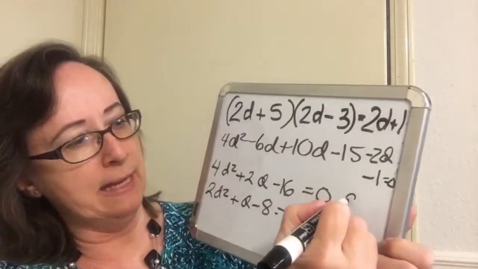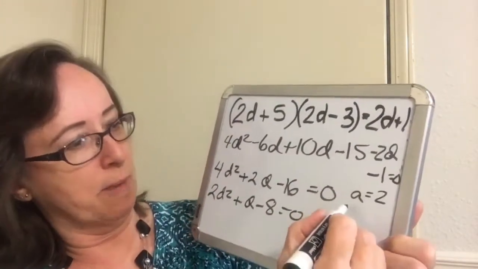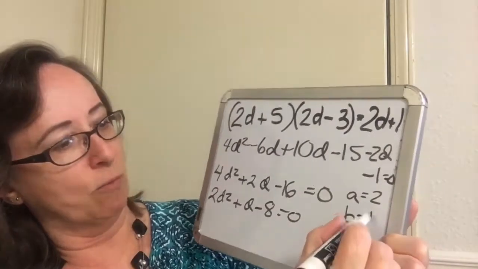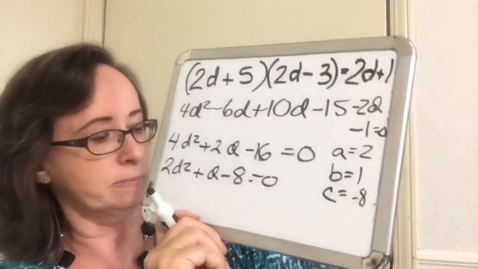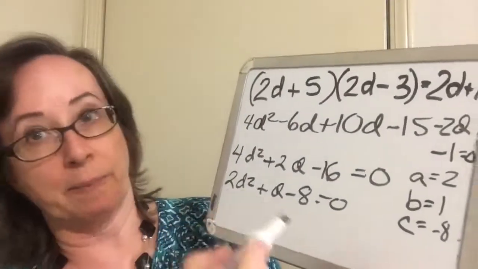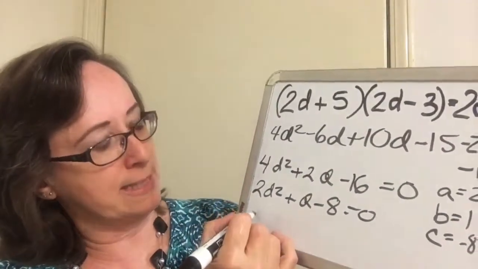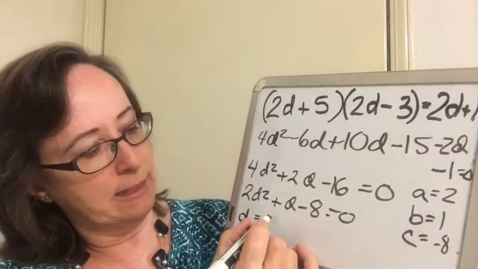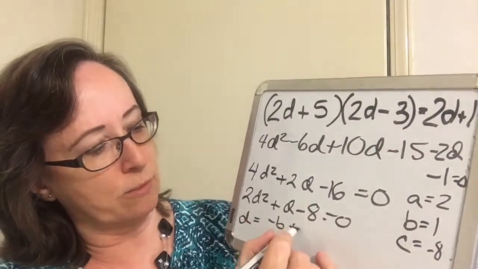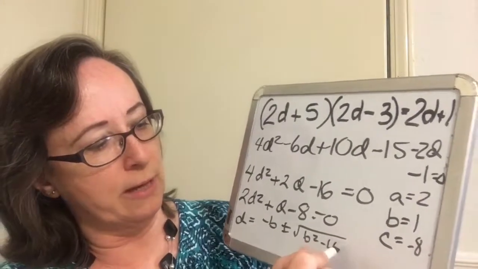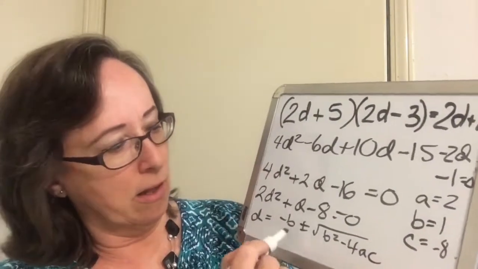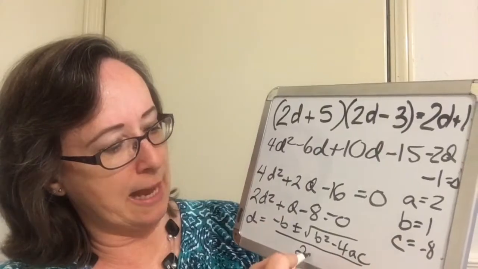So my a is 2, my b is 1, and my c is negative 8. Okay, so now I plug in. So d is negative b plus or minus the square root of b squared minus 4ac all over twice a.